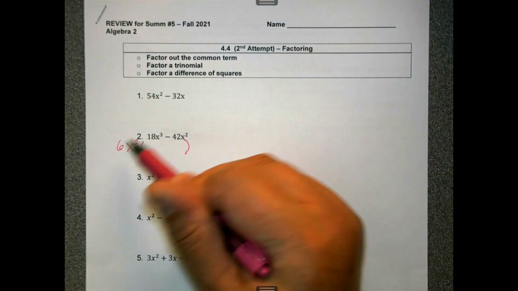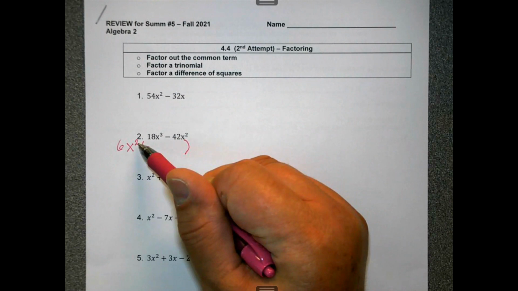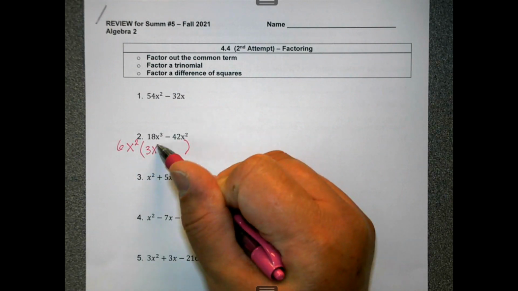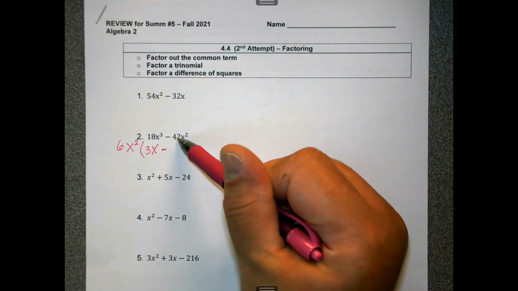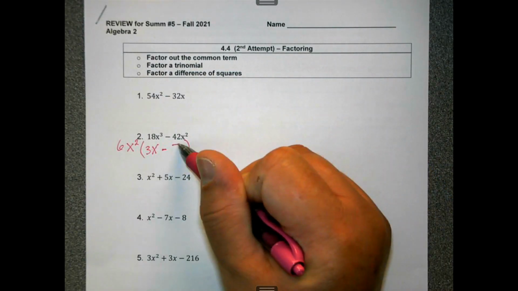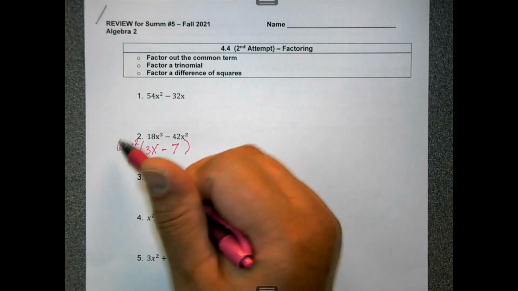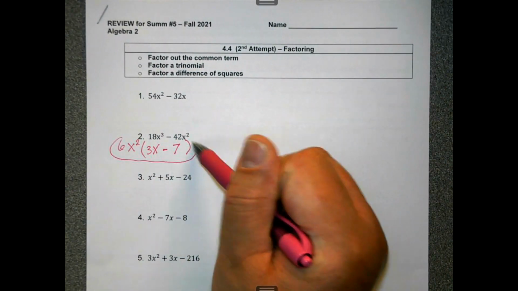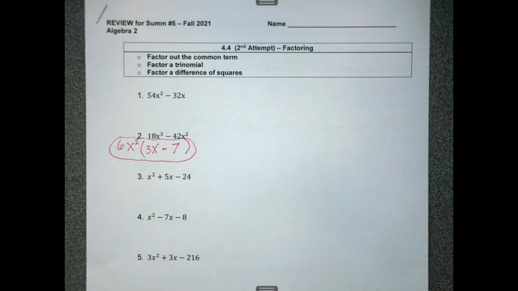So 18 divided by 6 is 3. 3 x's divided by 2 x's is 1x. X to the first left. 42 divided by 6 is 7. And I'm taking out both those x's. So there's my answer.